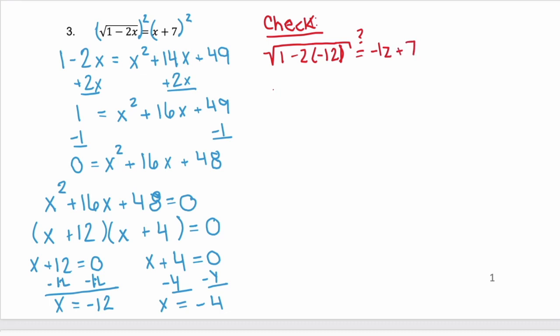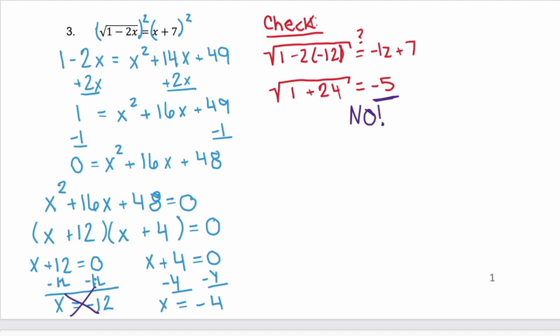So let's see, our square root, we would have 1, negative 2 times negative 12 is a positive 24. And on the right hand side, negative 12 plus 7 is negative 5. Well, I can actually stop here because I can't take a square root and get a negative, right? So this one doesn't check. Should say no. There we go. No. So we are going to throw out x equals negative 12.